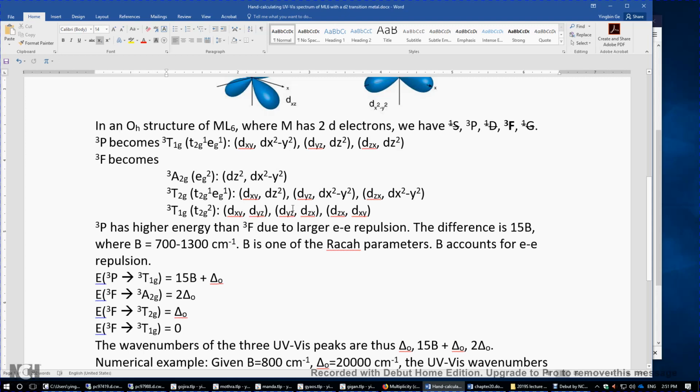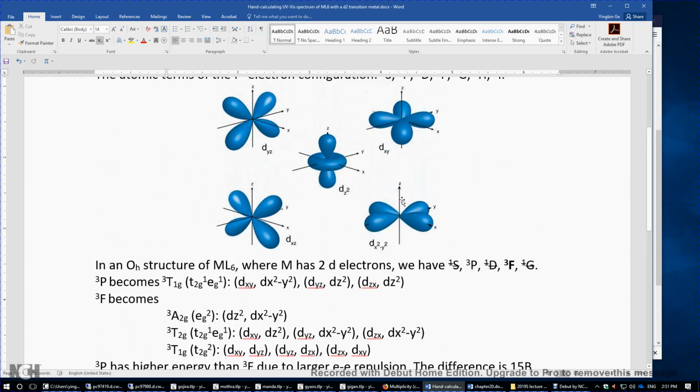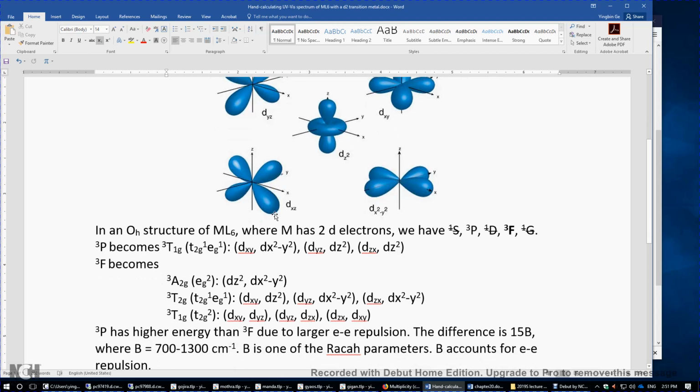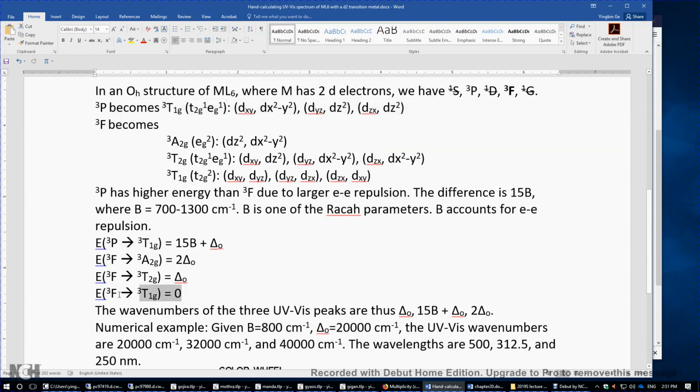DZX and DXY, I'm going to show you the picture, this one and this one, they are perpendicular to each other. They do not share the same plane. Therefore, the electron-electron repulsion here is smaller than the 3P cases. So again, we have a relative energy of 0 for this 3T1G situation.